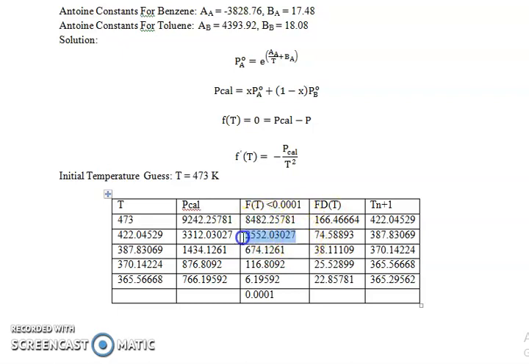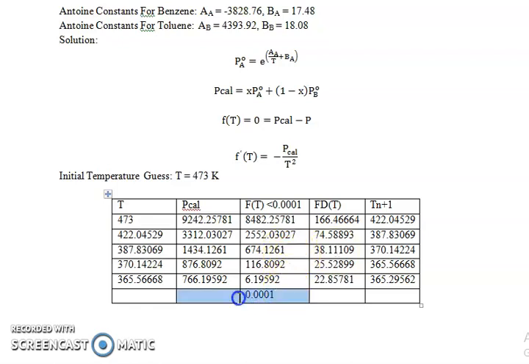If it comes to 2552, it is still way above, so again we calculate the Tn value and put it in the next level. Again P calculated needs to be calculated, then f(T) and f'(T) need to be calculated.